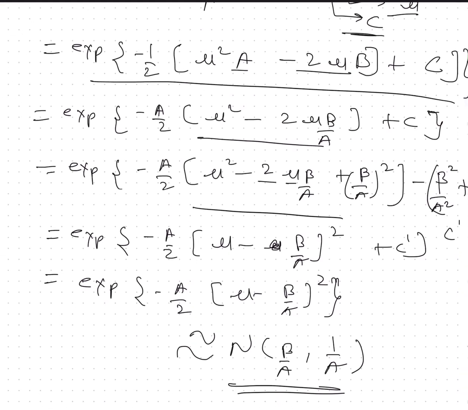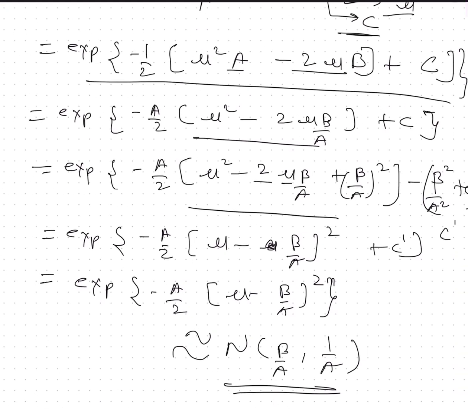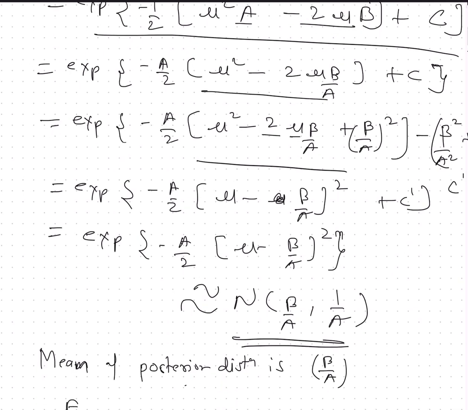So now we have the posterior distribution such that the mean of the posterior distribution, mu given x, is b upon a.